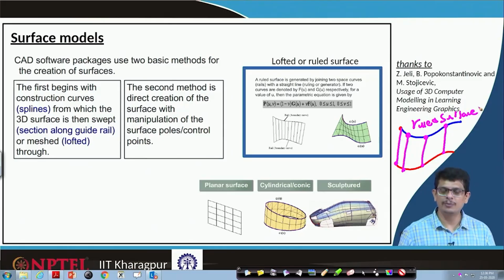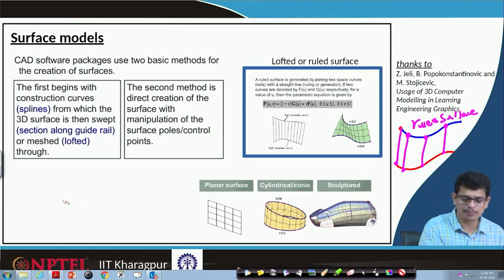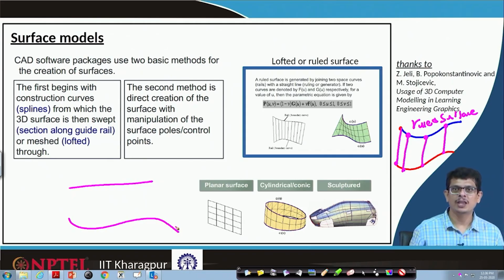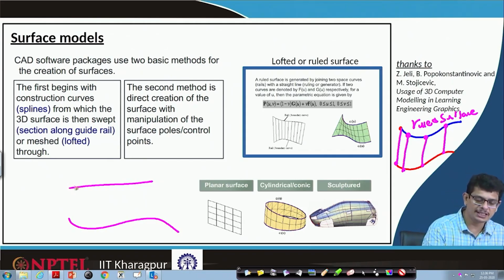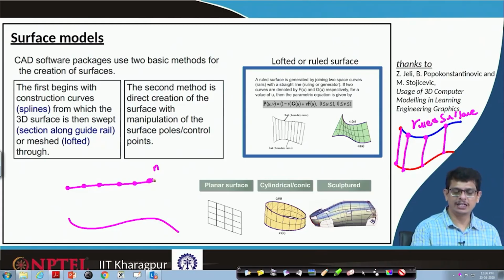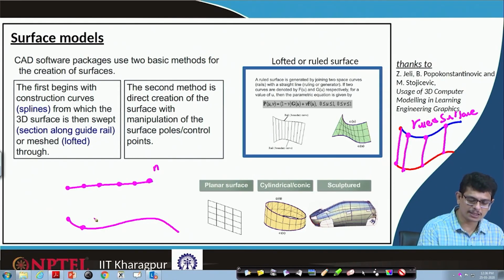These curves can be arbitrary also. For example, one is a straight line, the other one is a curve, and we decide to divide this entire straight line into n number of equal parts. Similarly, the other curve we also divide into n equal parts. Then join each of these points.